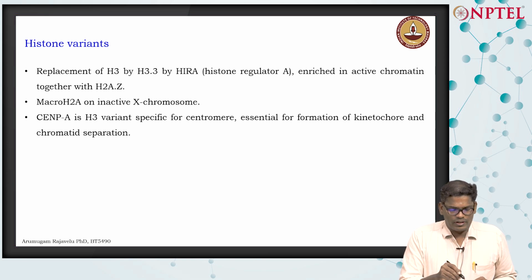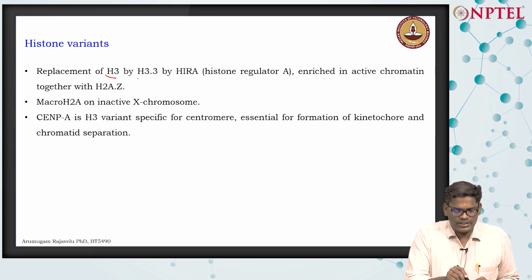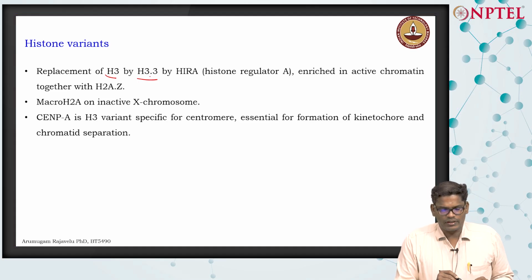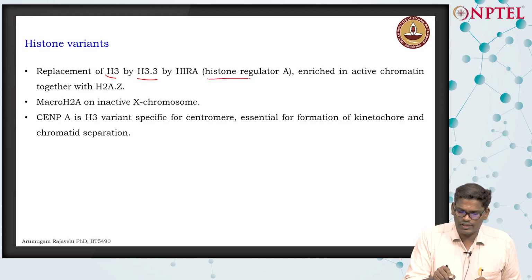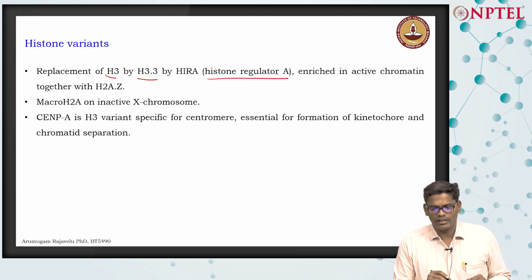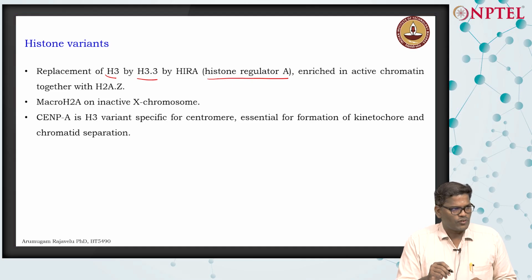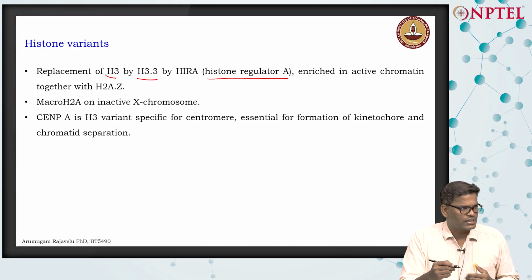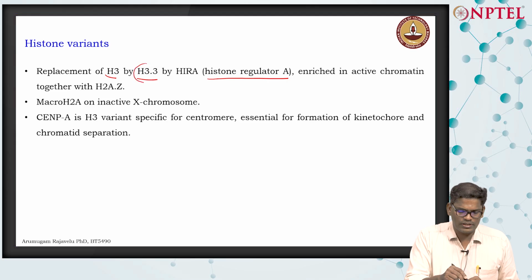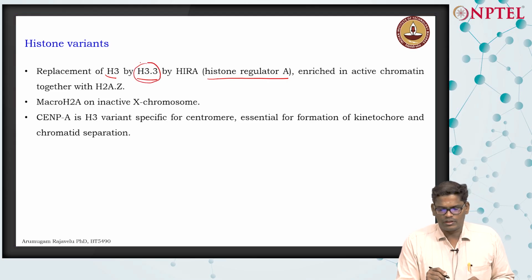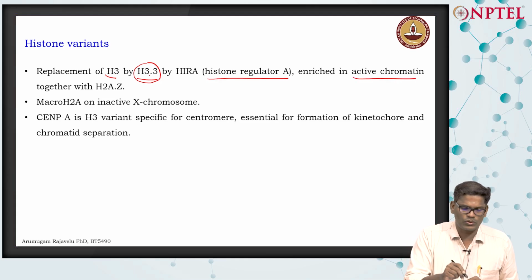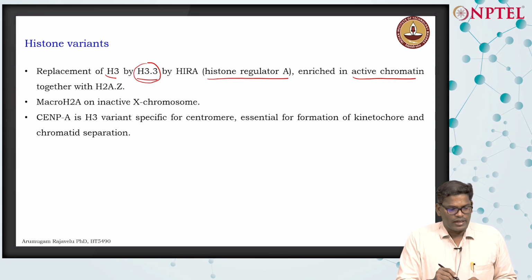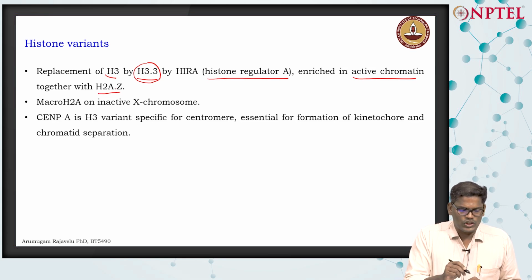Right. For histone 3, the first isoform I mentioned, H3.3, is actually deposited by one of the histone chaperones called histone regulator, HIRA. As of now, studies show that although sequentially very similar, this histone 3.3 is mostly present on actively transcribing genes. So most of the active chromatin will have H3.3, along with another important variant called H2A.Z.